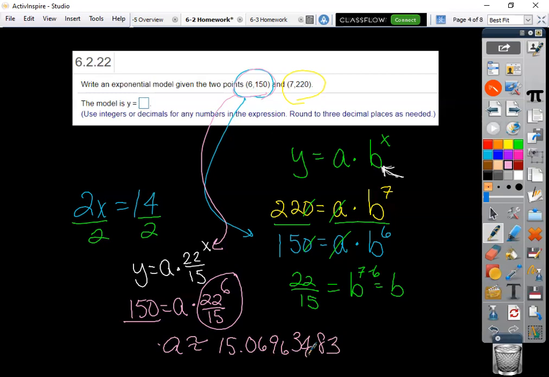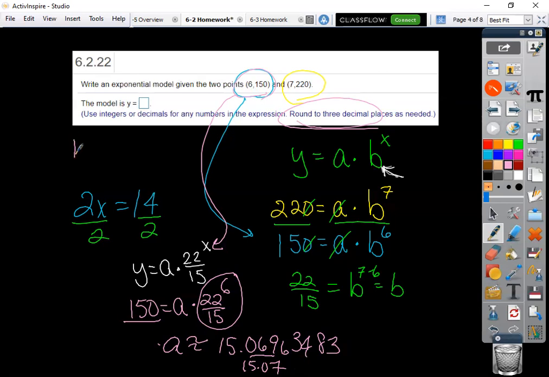And that's okay, because it does say round to 3 decimal places. So my final answer here for the 3 decimal places, that 6 is going to say make this go up, so that becomes a 10, which means that's a 7. So this is going to be 15.07 when I round to 3 decimal places.